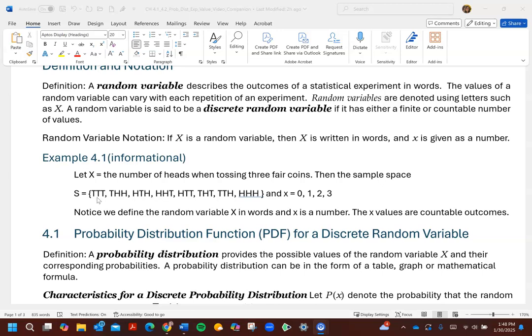In TTT, that's 0 heads. If we want to see where 1 head is, we have HTT, THT, TTH. That would be 1 head. Then 2 heads are THH, HTH, HHT. And then 3 heads would be HHH.